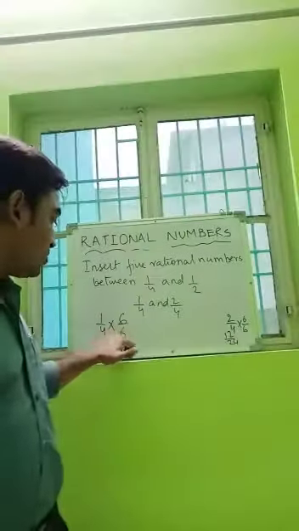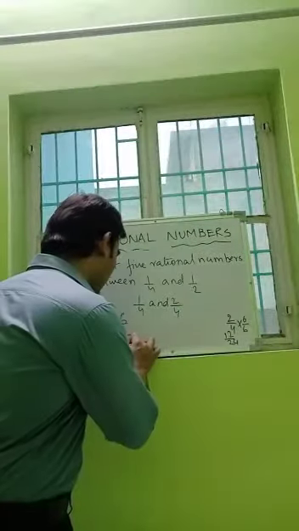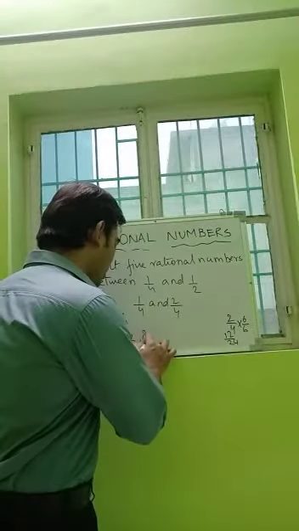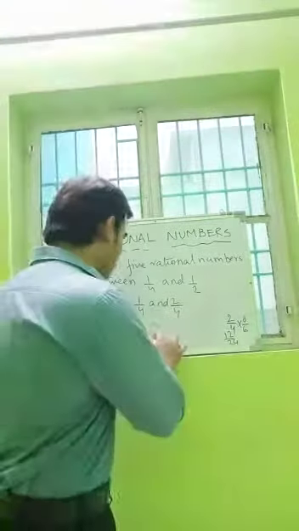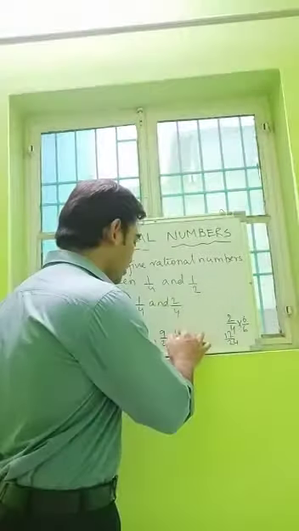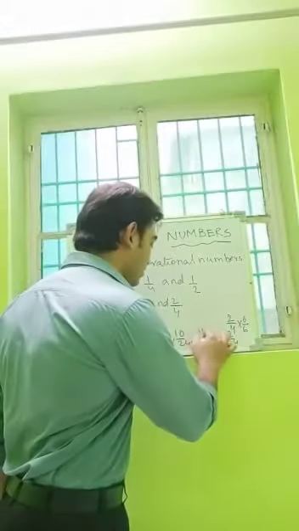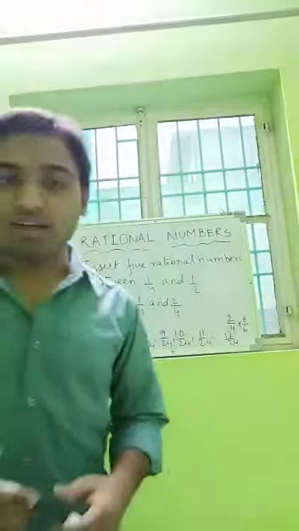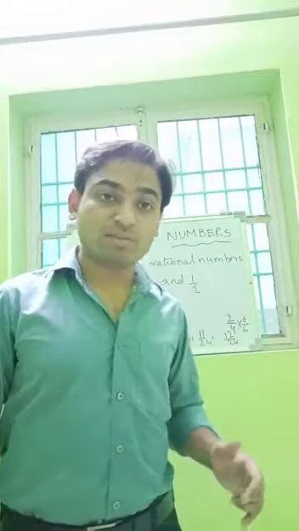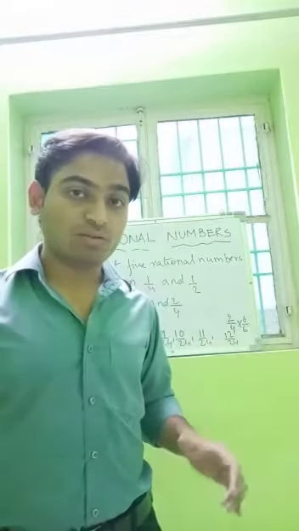Okay, see, the next number which comes after 6 upon 24 is 7 upon 24. Next number 8 upon 24, 9 upon 24, 10 upon 24, and 11 upon 24. Okay, so in this way we insert 5 rational numbers in between 1 upon 4 and 2 upon 4.